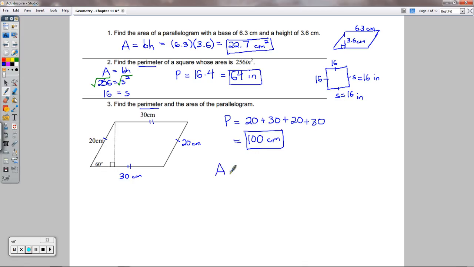The area of a parallelogram is still base times height, but we don't know the height on this one. So here you have a right triangle. It's a 30, 60, 90 right triangle because of the 60 degree mark there and the 90 degrees there. So this is going to be 30 degrees, and for your ratios, we have that 1:2:root 3 ratio with these kinds of problems.